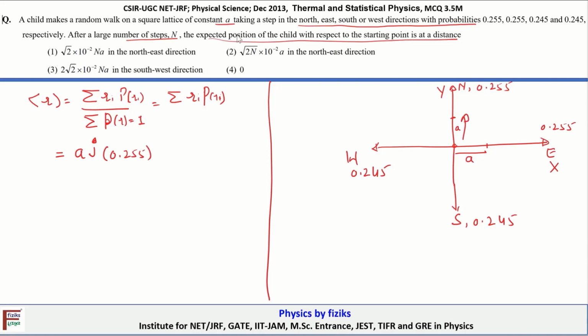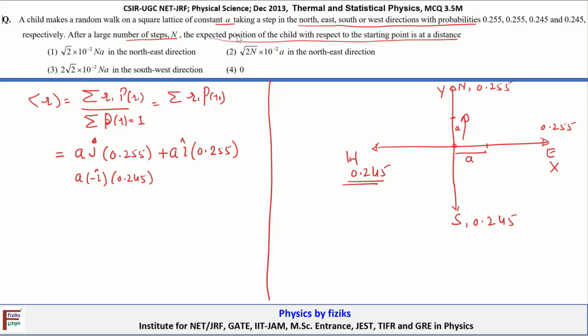Now along the positive x direction, plus a multiplied by the corresponding probability, 0.255. Along the west direction the step size is again a, and it is along the negative x direction, so minus i, multiplied by the corresponding probability, 0.245.